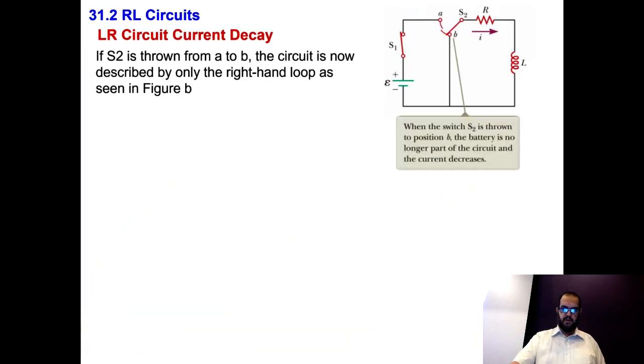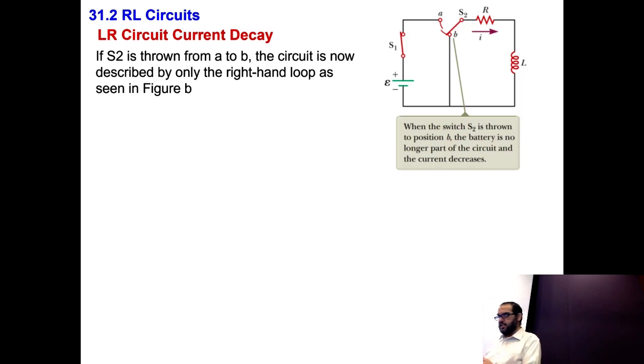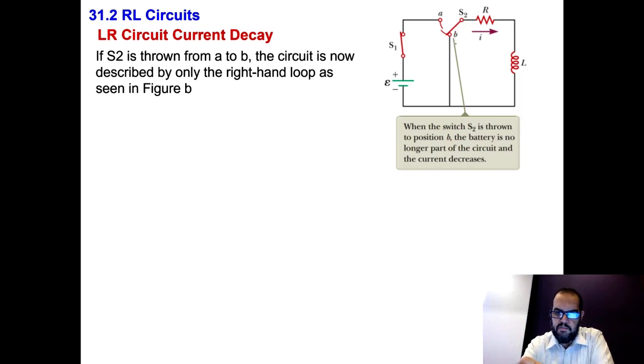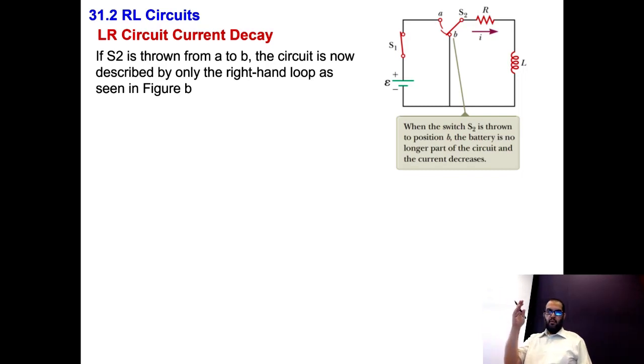So now this is what we're doing. After we have energized the inductor, now we switch S2 to position B, and we observe what happens. Let's assume the current is flowing in the same direction. Well, let's do some reasoning.